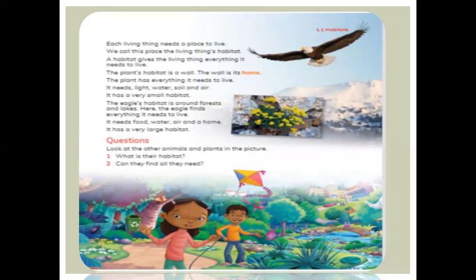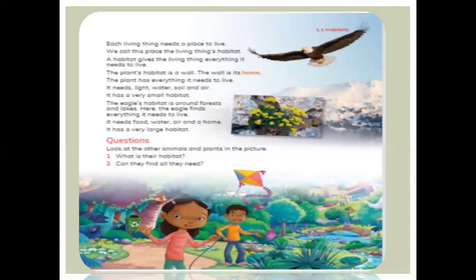The eagle's habitat is around the forest and lakes. Here the eagle finds everything it needs to live. It needs food, water, air, and a home. It has a very large habitat. So basically, a habitat is where all the requirements are completed. Like we live in the city because in the city we have schools, libraries, hospitals, and universities.